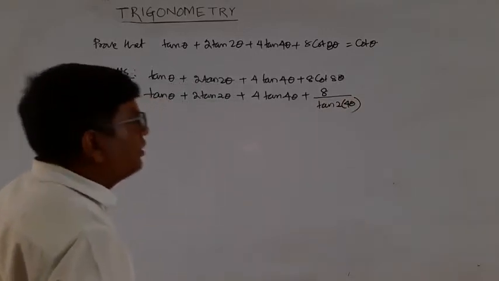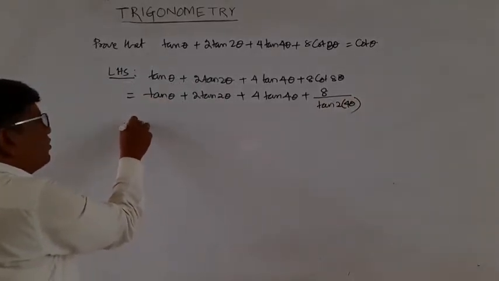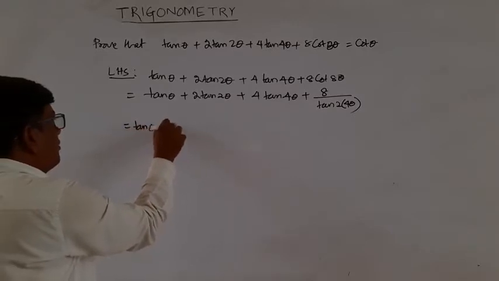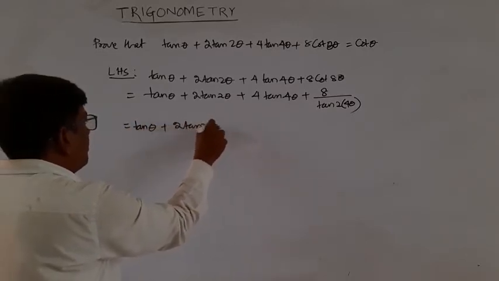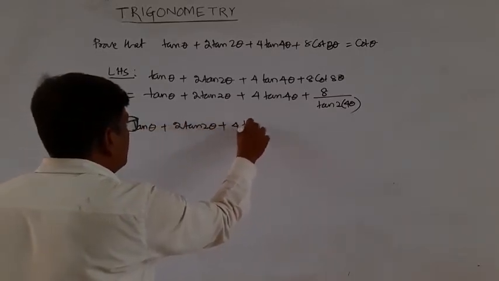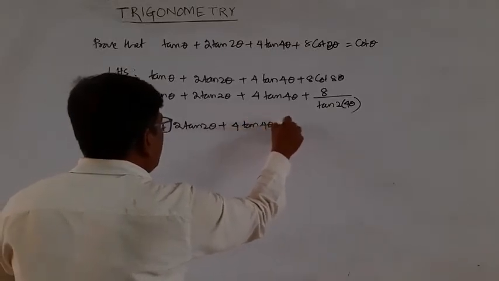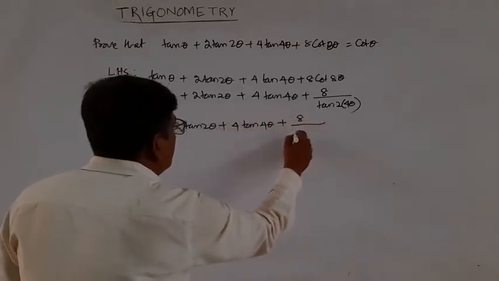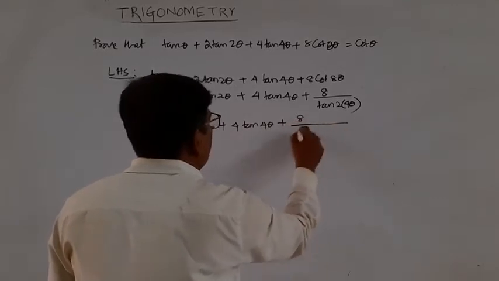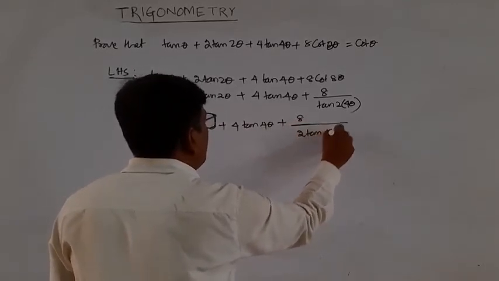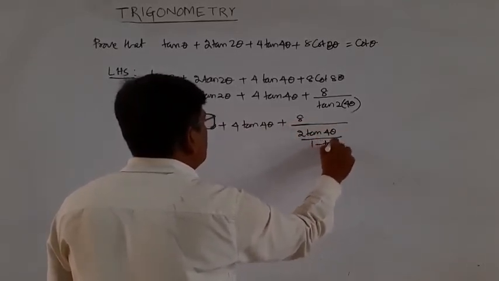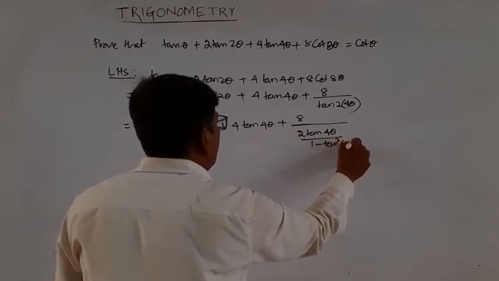Okay, now this is equal to tan theta plus 2 tan 2 theta plus 4 tan 4 theta plus 8 by 2 tan 4 theta by 1 minus tan square 4 theta.